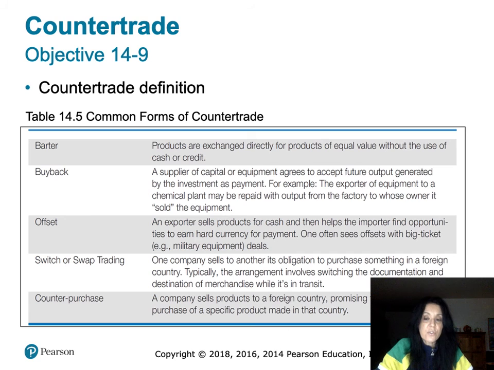Thailand, for instance, the world's largest exporter of rice, uses rice for oil deals with Middle Eastern countries. For instance, Boeing exchanged 10 747s for 34 million barrels of Saudi Arabian oil. So what do the countries do in the case of counter trade?